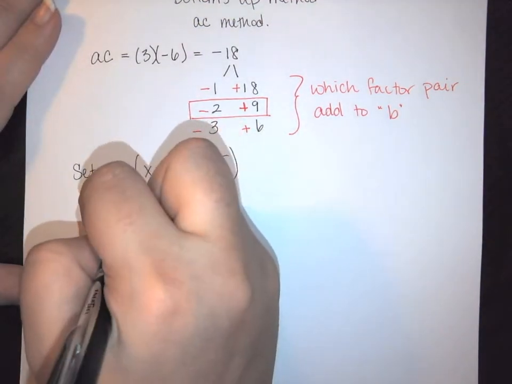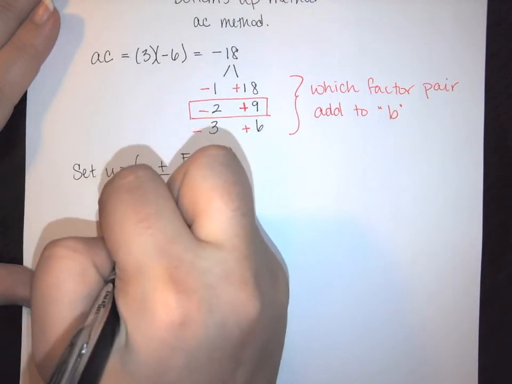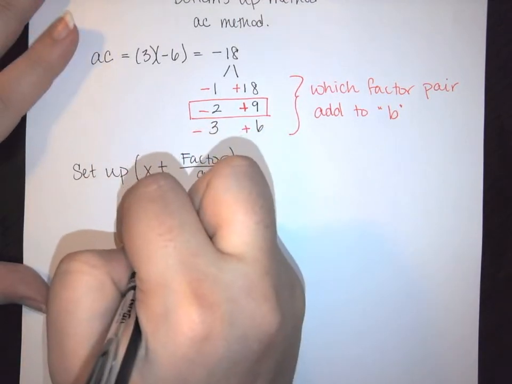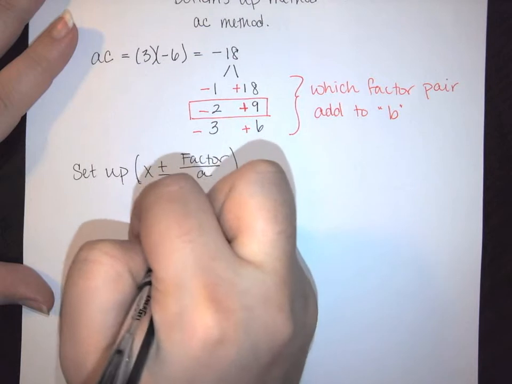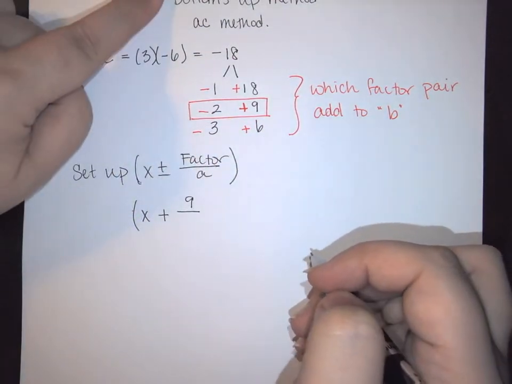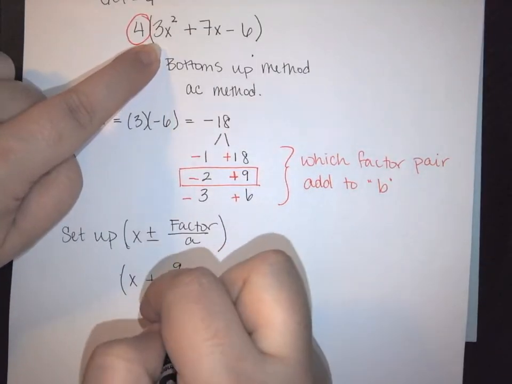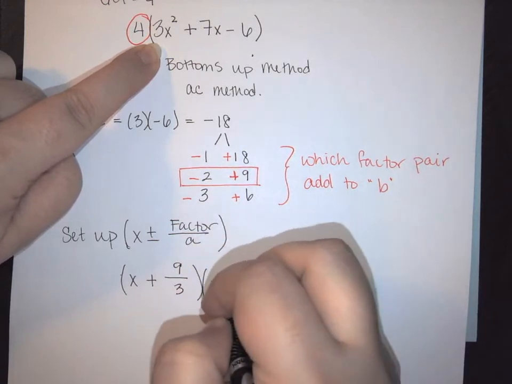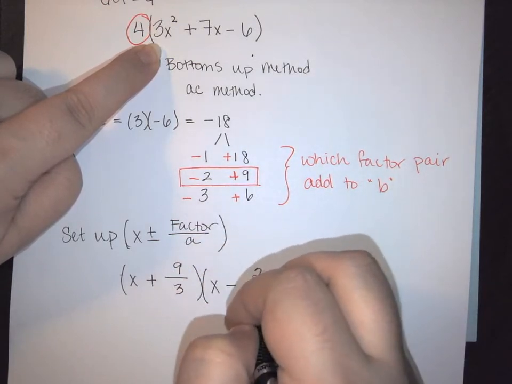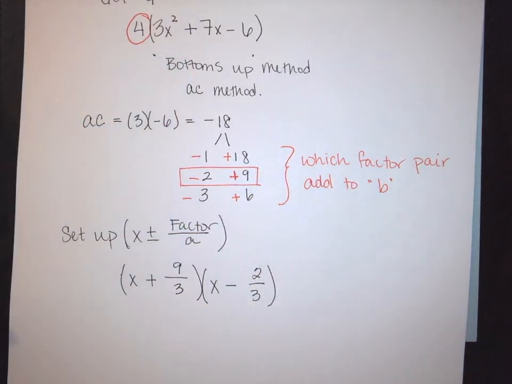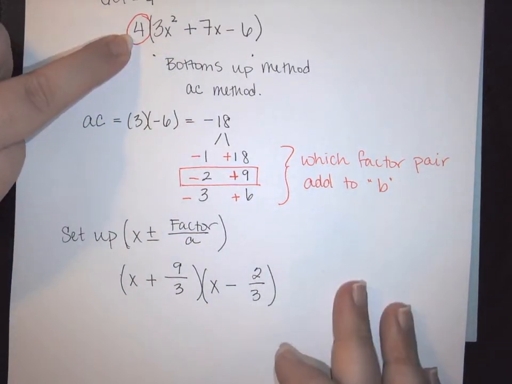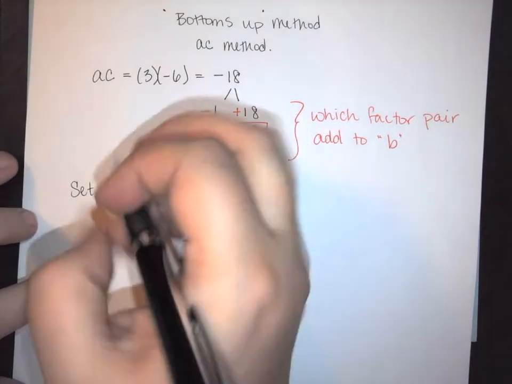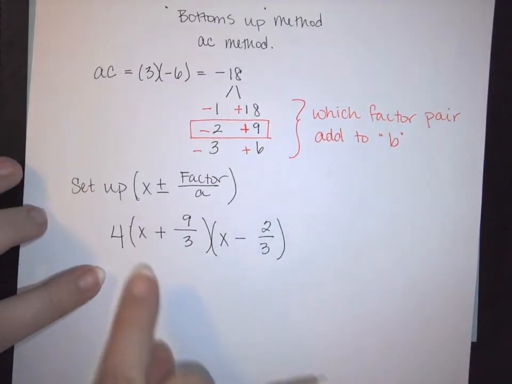So here we are going to have x, we're going to have plus 9 over my A term, which is 3. And we're going to do it for the other, x minus 2 over 3. Now remember I said we don't want to forget our little buddy 4, so we're going to go ahead and bring him down.